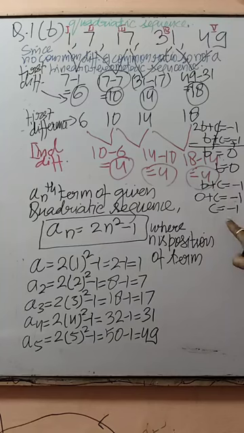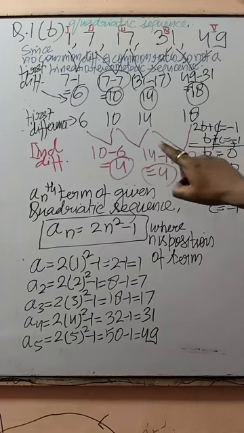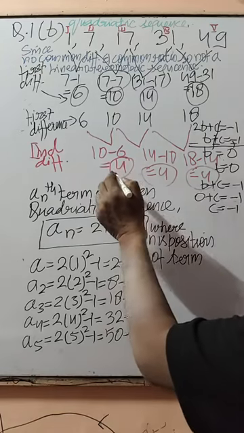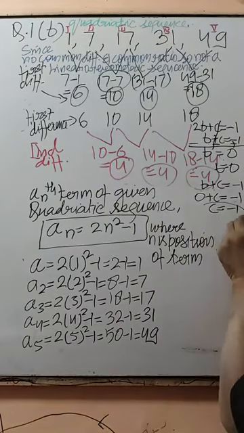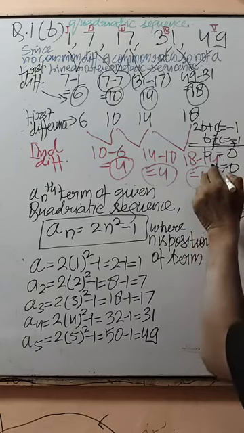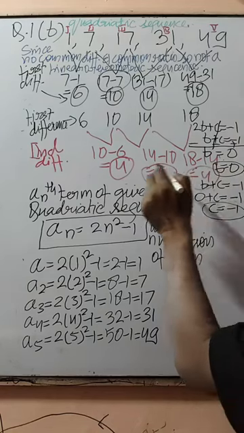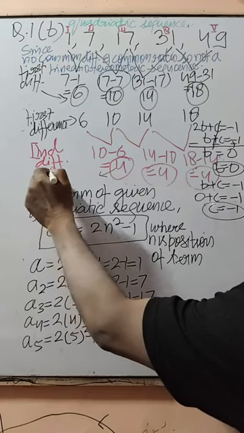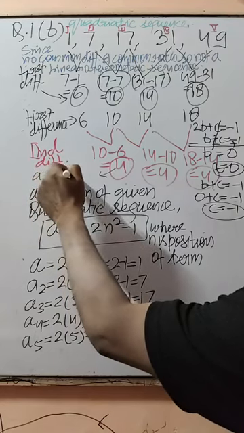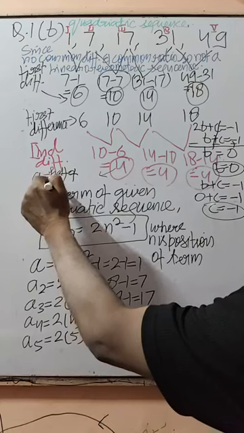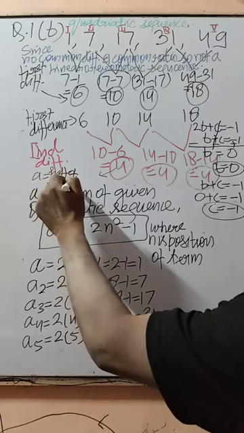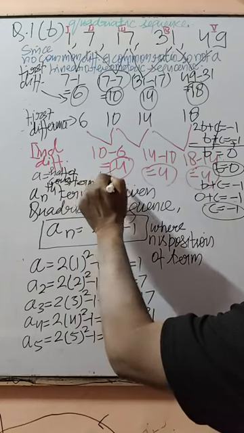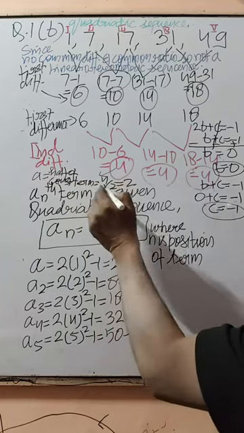So C is minus 1, B is 0, and A is half of the constant term, that is 4 by 2, which is equal to 2.